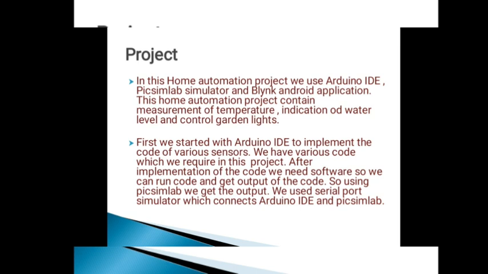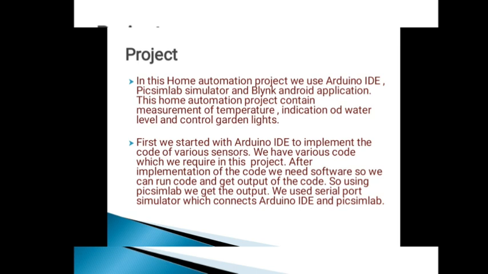This home automation project contains measurement of temperature, indication of water level, and control of garden lights. The purpose of the project is we measure the temperature and water level, and this water level indicates control of garden lights.